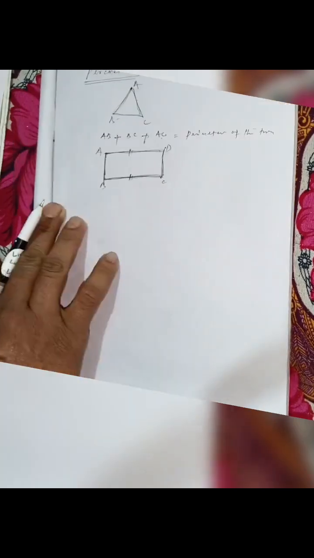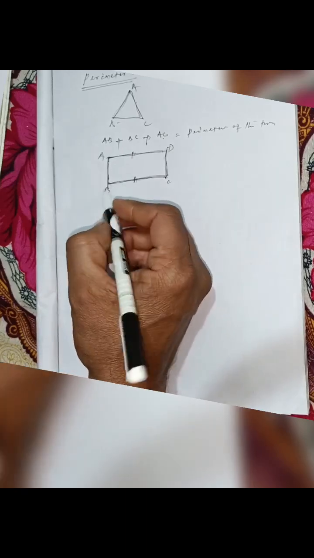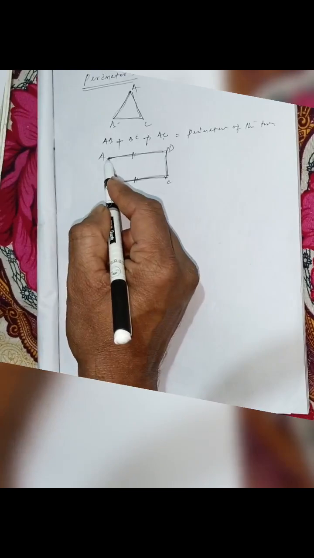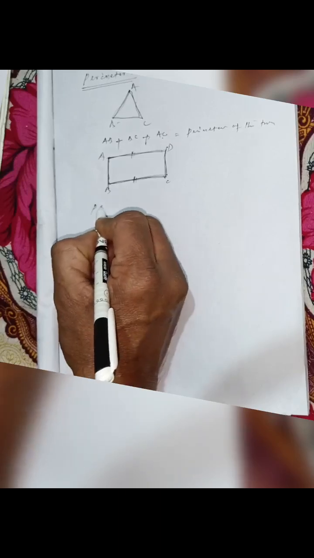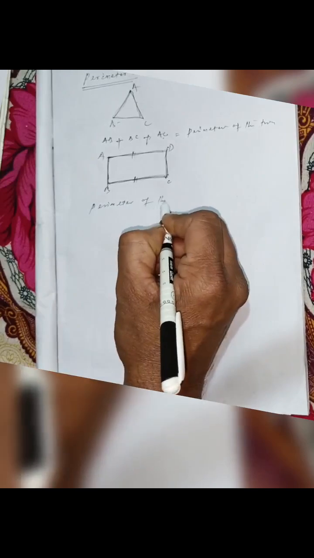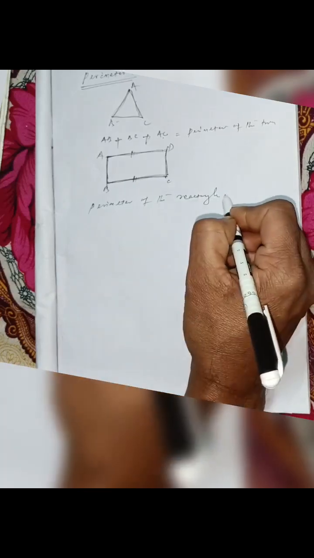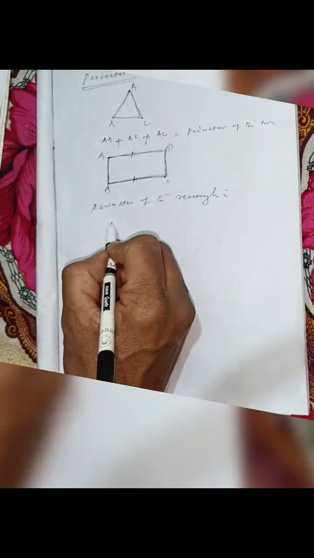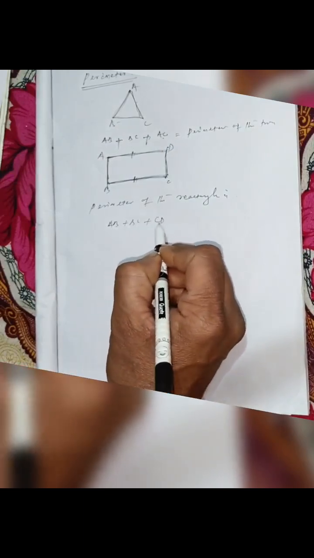So if you want to calculate its perimeter, you have to add the sides of the rectangle. So the perimeter of the rectangle is AB plus BC plus CD plus AD.